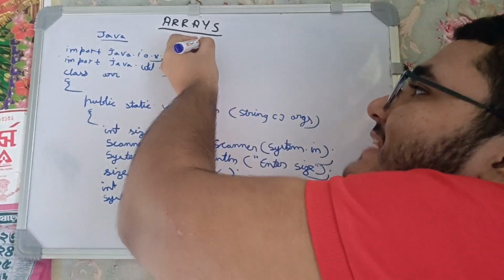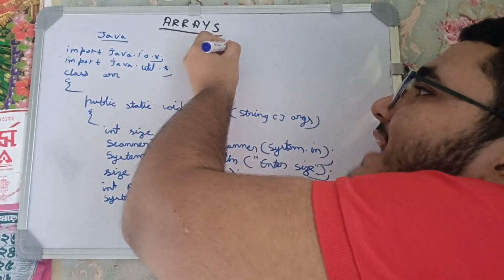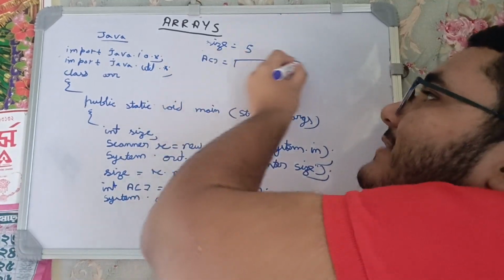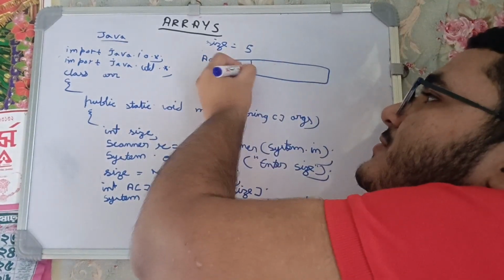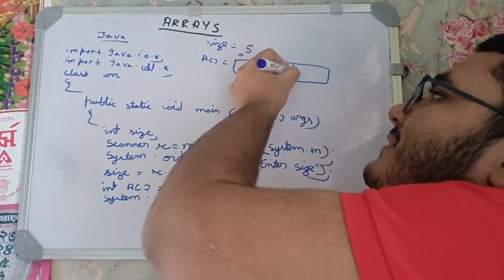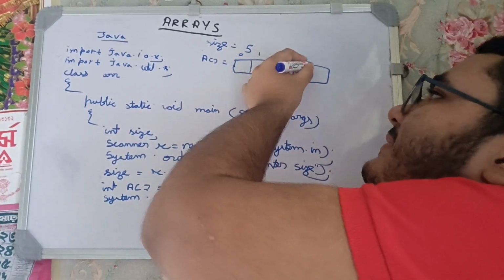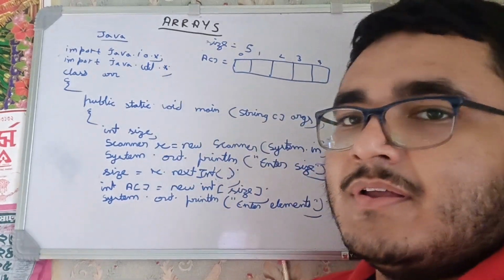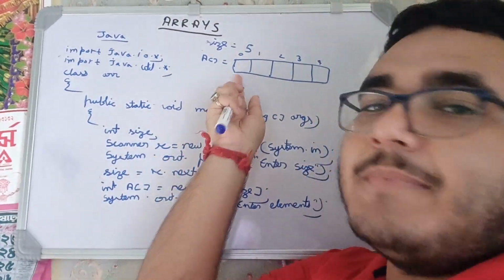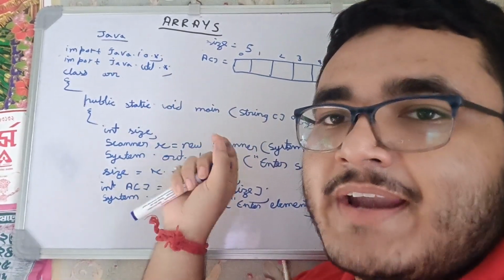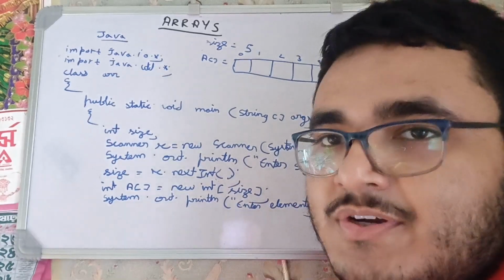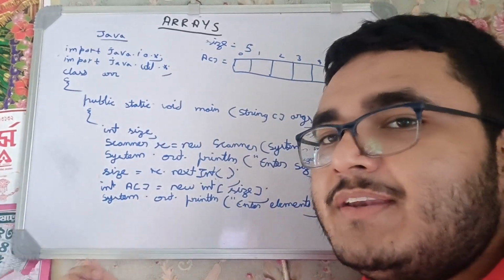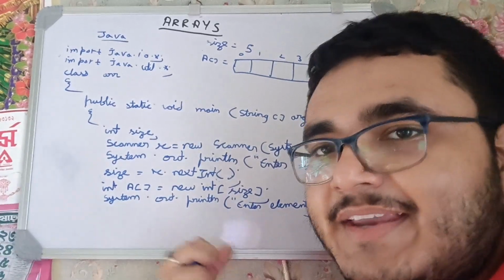Say size is 5, so 5 slots will be created: 0, 1, 2, 3, 4. If I am accessing a[0], I can write a[0] is equal to sc.nextInt(). But then again, I need to take input for a[1], again a[2].